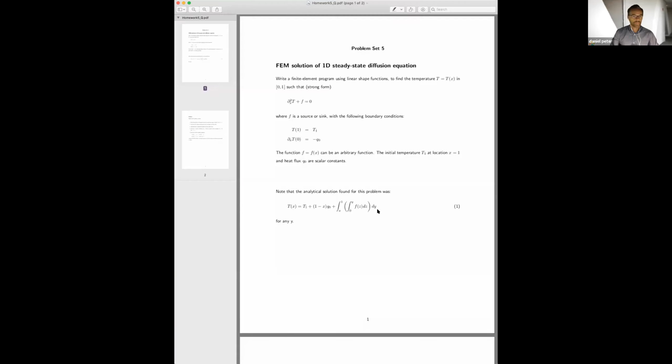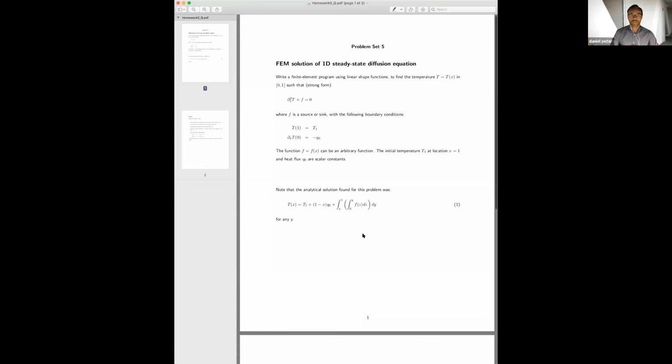So let me see if I can open up the homework PDF. Just to quickly show you, there's not much more information. You will have the slides I just showed you as helper material. Then this is the problem set, which just describes the homework.